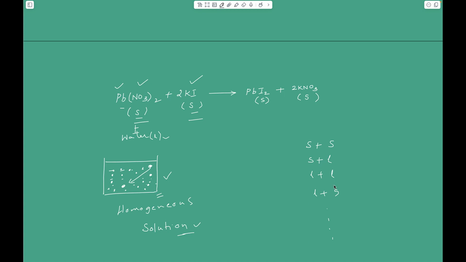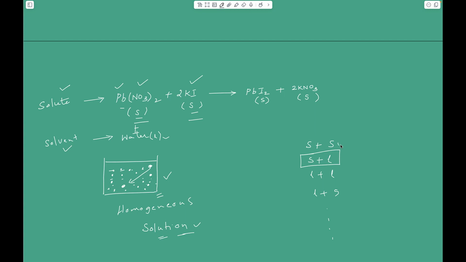But if the solution is prepared by dissolving a solid in a liquid, then the solid is always called the solute, and the liquid is always called the solvent. So this solution has two components. One component is called solute and the other component is called solvent.